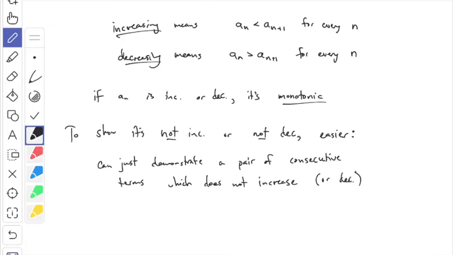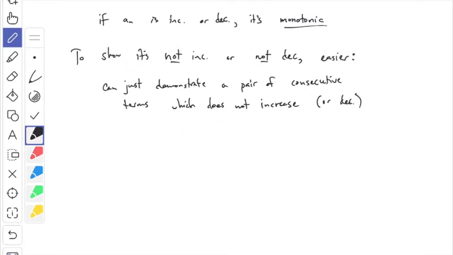All right, so for example, something like 3 over 5 plus n. Actually this one is decreasing, but let's demonstrate that it is not increasing. This is much easier to show than to show that it's decreasing.